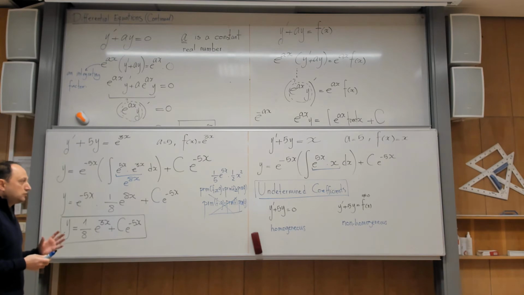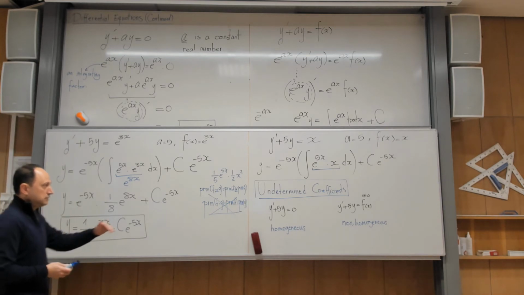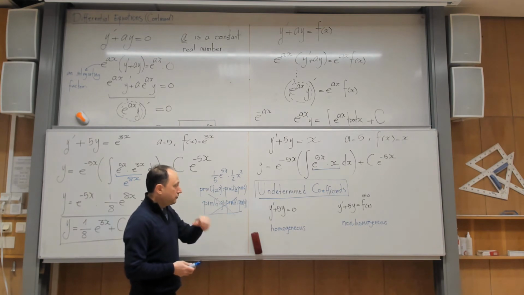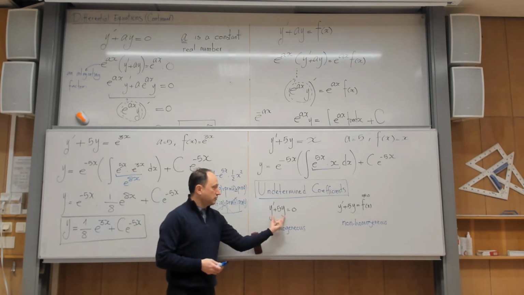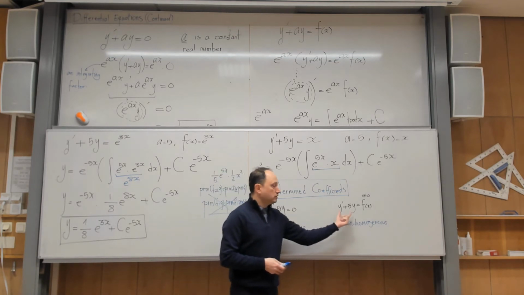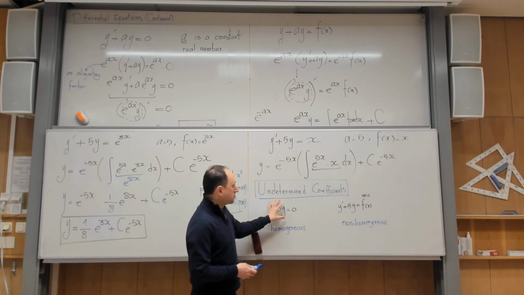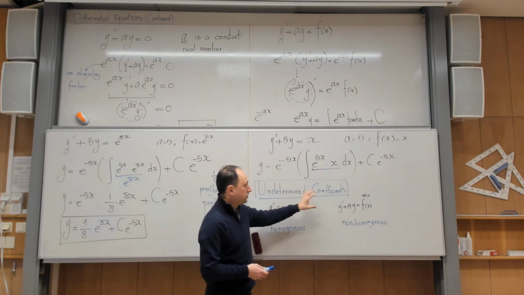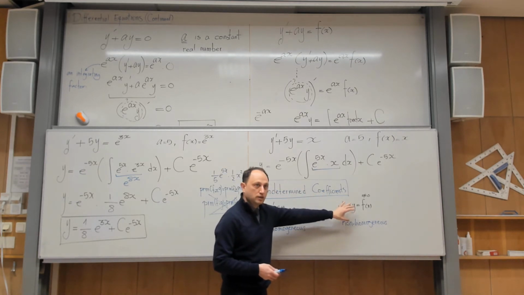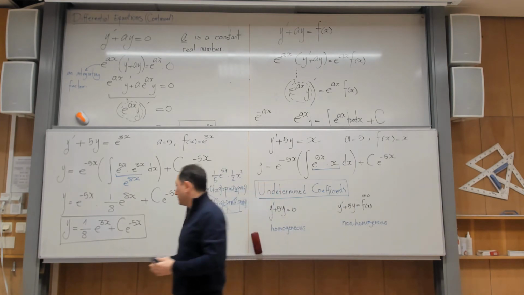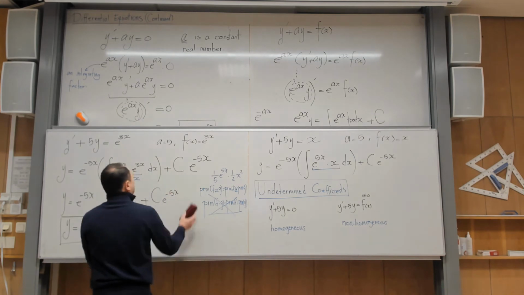One thing that I want you to learn is that if you succeed in finding the general solution of this, and just one particular solution of that, then if you add the general solution of this one to the particular solution of that one, you get the general solution of this one. So let me tell you in this way.